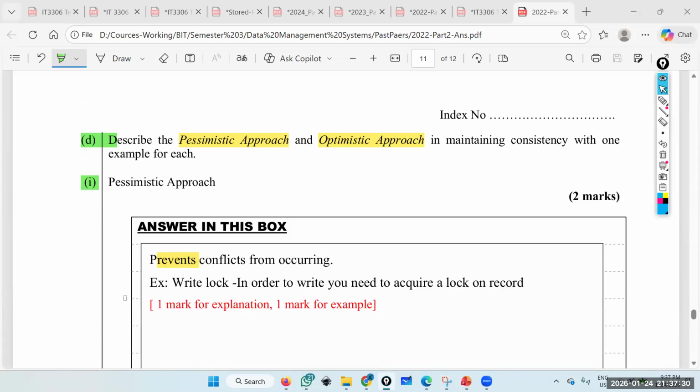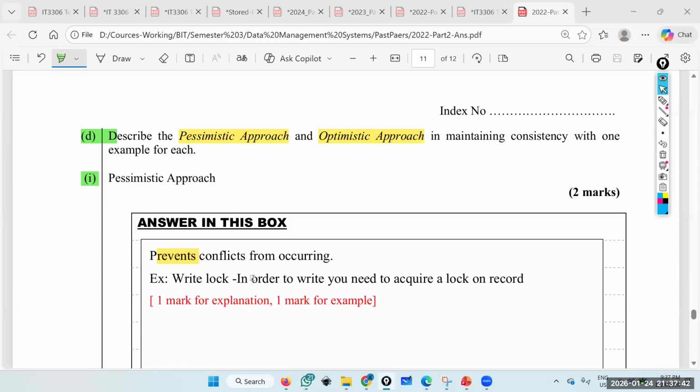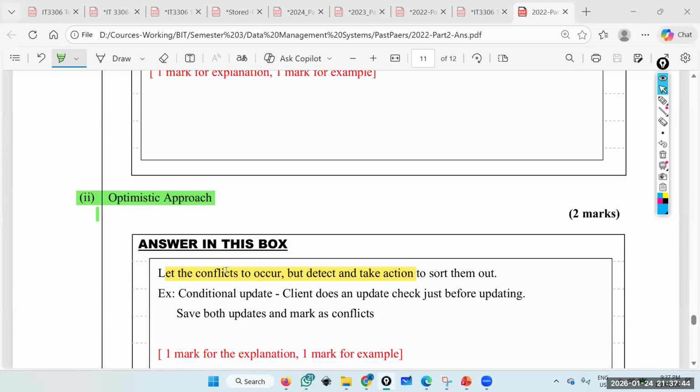Others need to take that lock, but you are not going to release the lock until you are done with your work. Okay. Right. So in optimistic approach, let the conflicts occur, but detect and take actions.